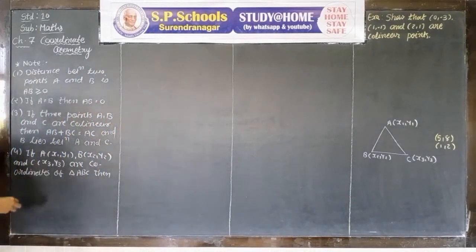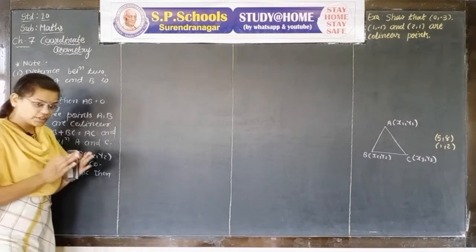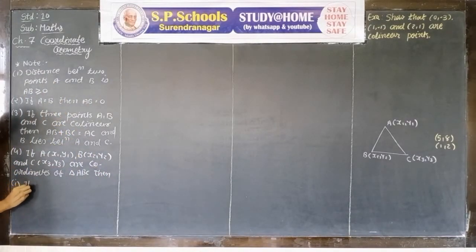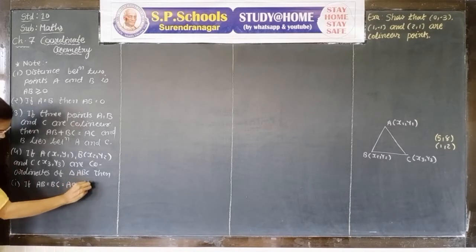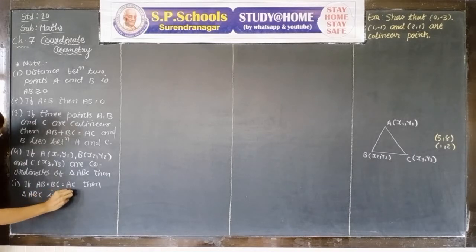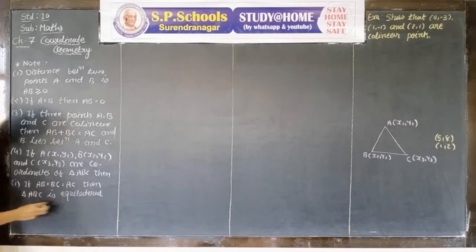We define, using the characteristic, which type of triangle this vertex set makes up. The first is the equilateral triangle. As we know, the equilateral triangle has three equal sides. If AB is equal to BC is equal to AC, then triangle ABC is an equilateral triangle.